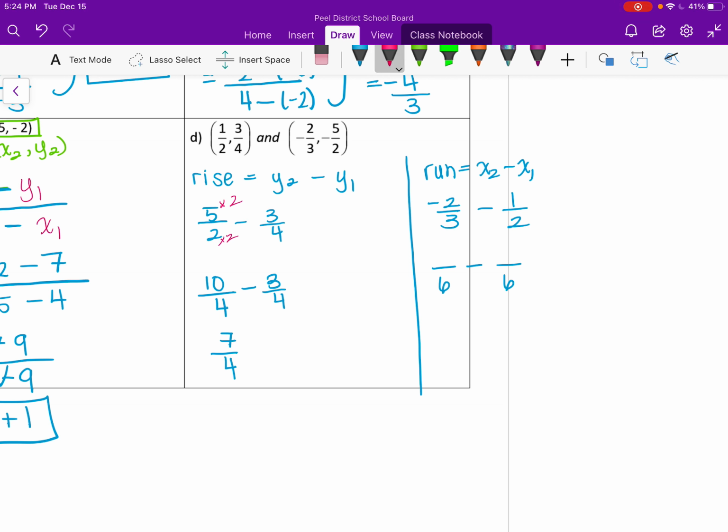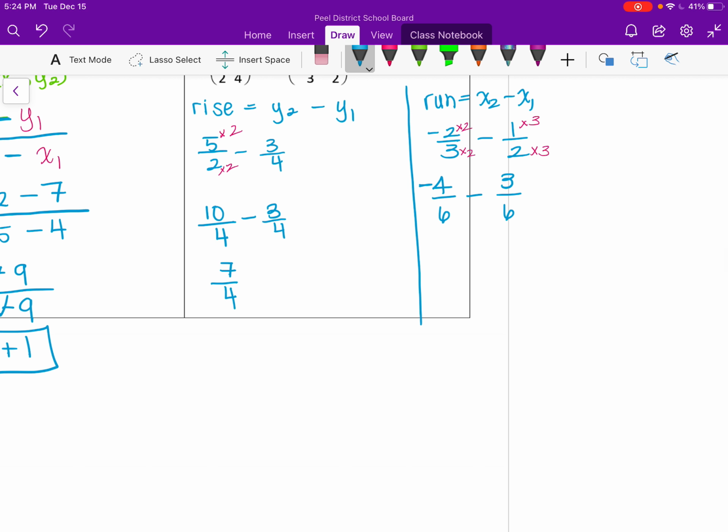So in order to get from 3 to 6, I multiplied by 2, so I'm going to multiply the top by 2 as well. 2 times 2 is 4. In order to get from 2 to 6, I multiplied by 3, so I'm going to multiply the top by 3. Right? So notice how 3 over 6 is the same thing as saying 1 over 2. Same thing here. Negative 2 over 3 is the same thing as saying negative 4 over 6.